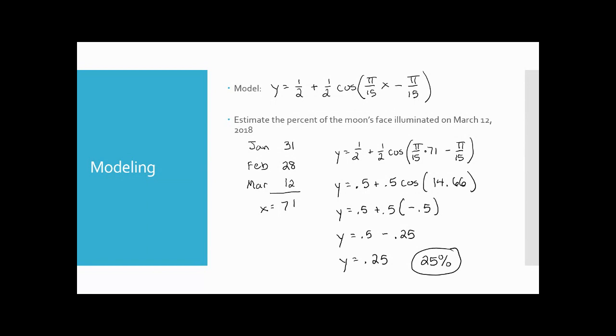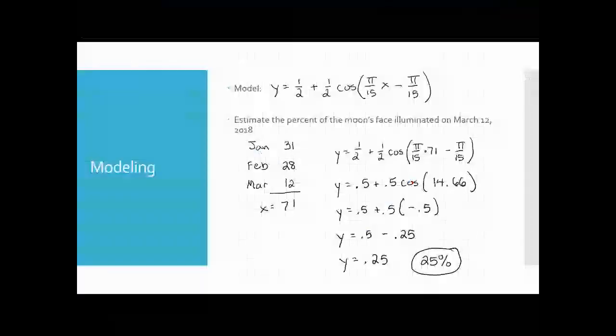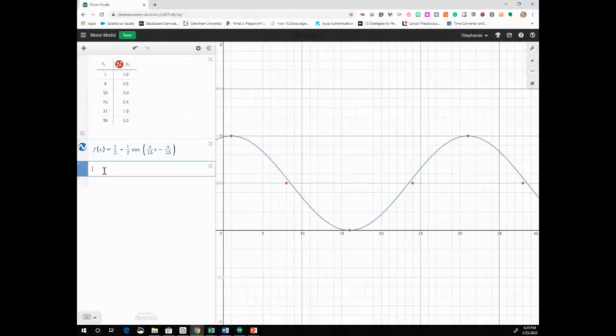Now, since I have this graphed, what's really nice is, if I go back to Desmos and put it in function notation, so I had written it as y here, but if I put it in Desmos with f of x, then I can use f of x and have Desmos find the value for me. If I plug in f of 71, that gives me 0.25.